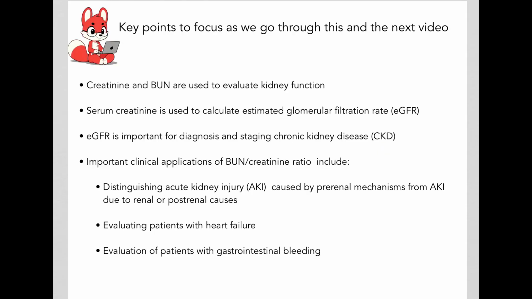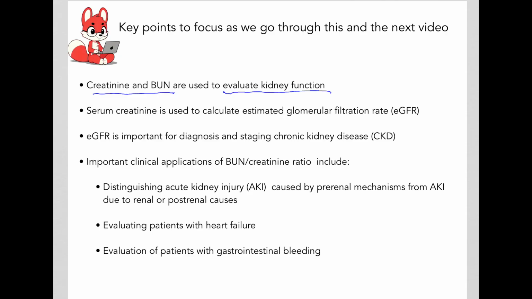Here are some key points to focus on as we go through this as well as the next video. Number one, creatinine and BUN values are used mainly to evaluate kidney function.